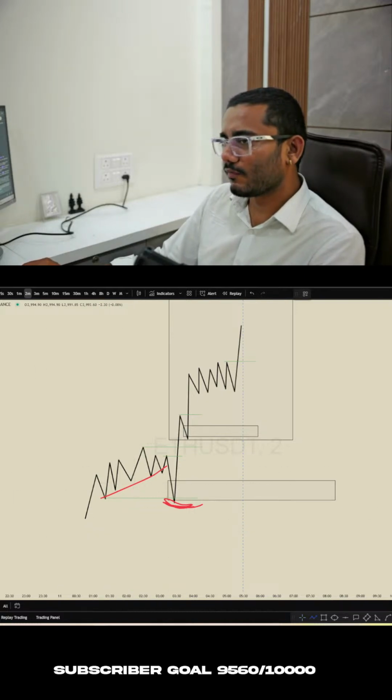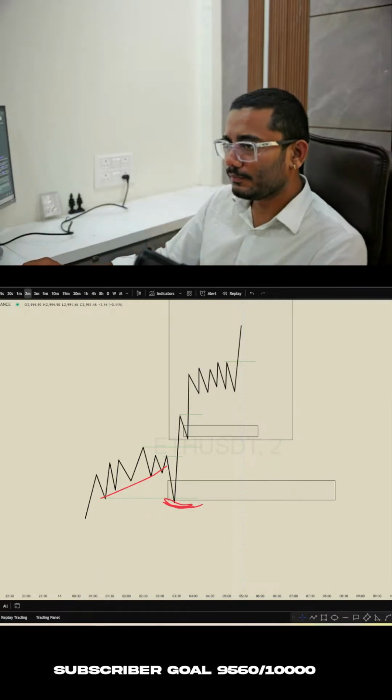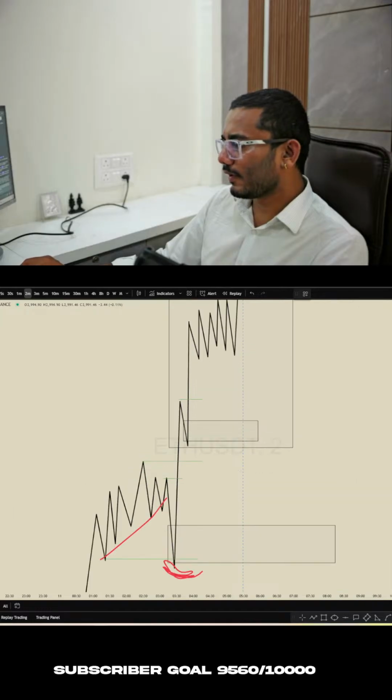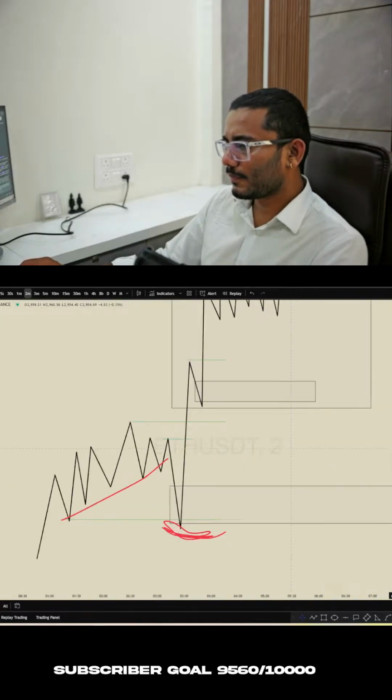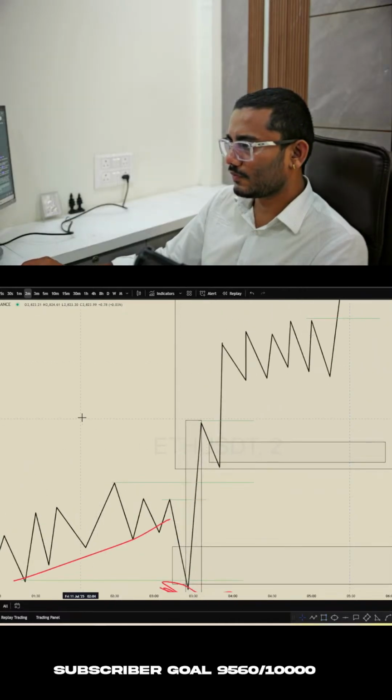Of course, to the higher time frame, and our higher time frame is going to the upside. So on 5 minute, what you have to do is wait at these areas. Imagine we are trading at this range, this range or this range.